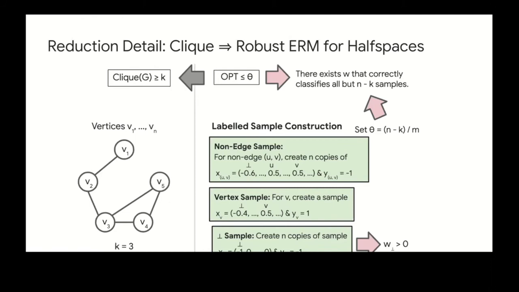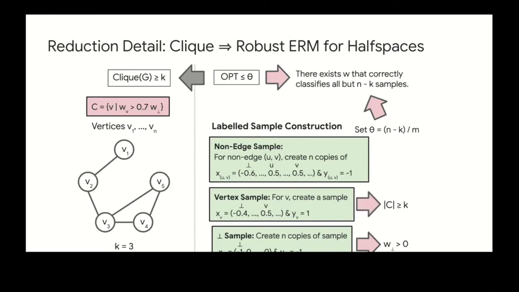Now, since we create n copies of the null sample, we cannot misclassify it. So we must correctly classify it, so the null coordinate of W has to be greater than 0. Once this is the case, we can define the set C of vertices to be the set of all vertices for which W_v is greater than, say, 0.7 times W null.